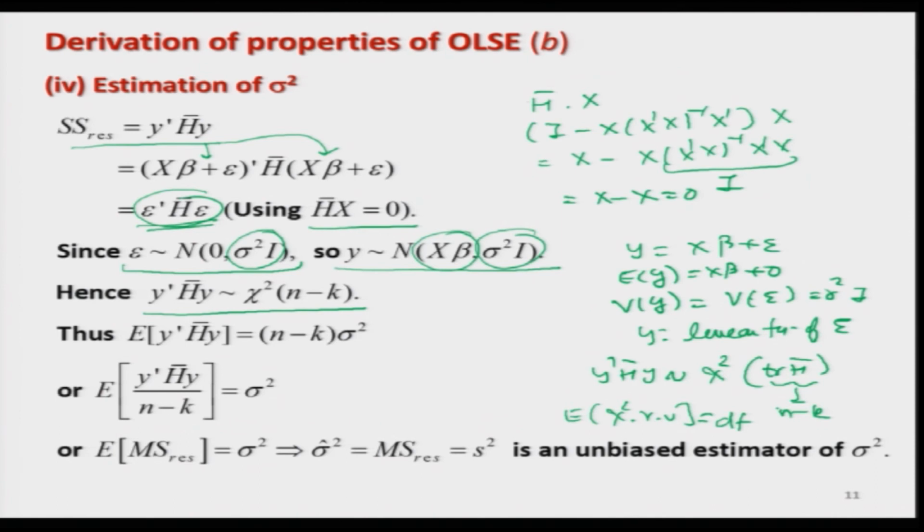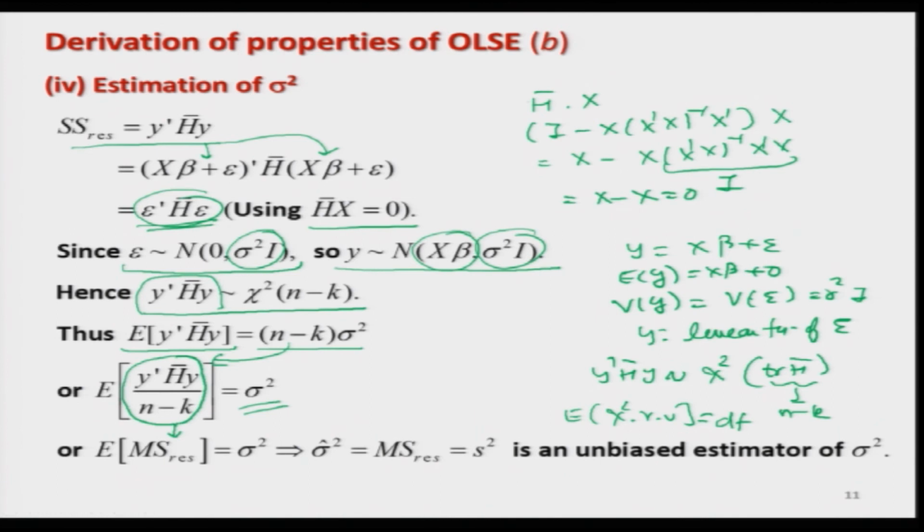So, since y transpose h bar y upon sigma square follows a chi-square distribution with n minus k degrees of freedom, its expected value will become n minus k. If you bring this n minus k factor here, then the expectation of y transpose h bar y upon n minus k is equal to sigma square, and this quantity, y transpose h bar y upon n minus k, is indicated by MS res.